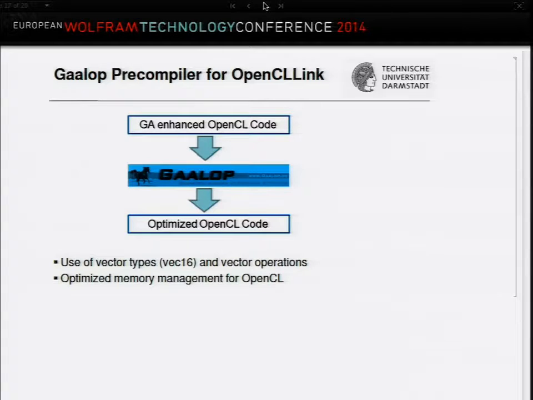In principle, we integrate some geometric algebra code into OpenCL code and then precompile it to real OpenCL code. And this OpenCL code is using the vector operations of OpenCL and also uses optimized memory management of OpenCL.